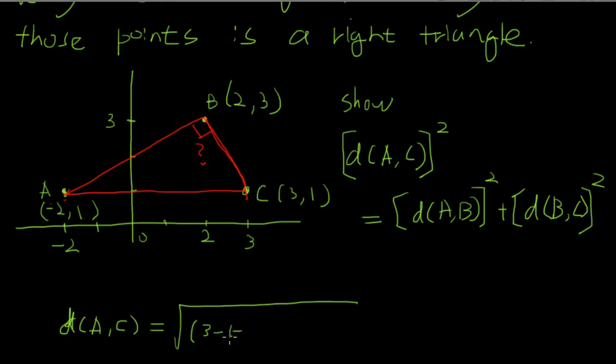So 3 minus -2 squared plus y2 minus y1, which is 1 squared. So what would that be? That would be the square root of 5 squared, 25, plus 0 squared, nothing. So the square root of 25, that's 5, right?